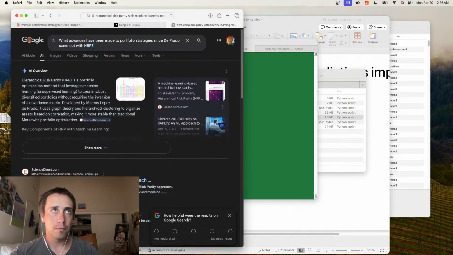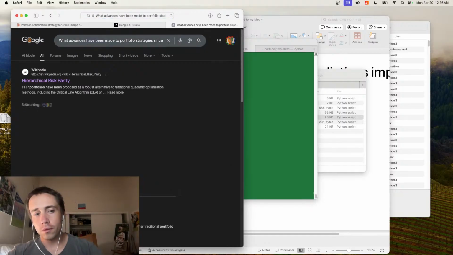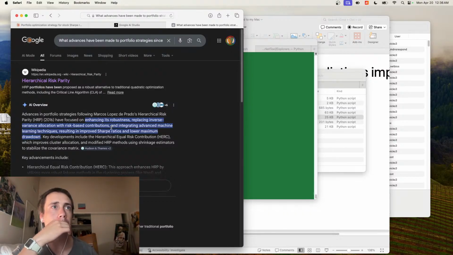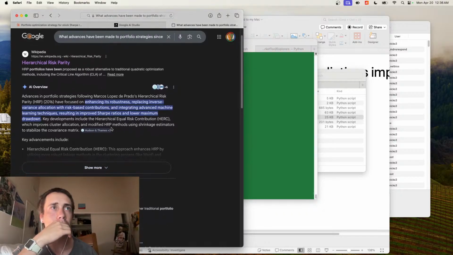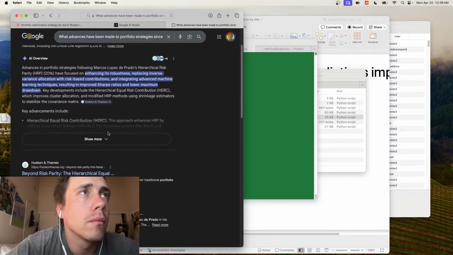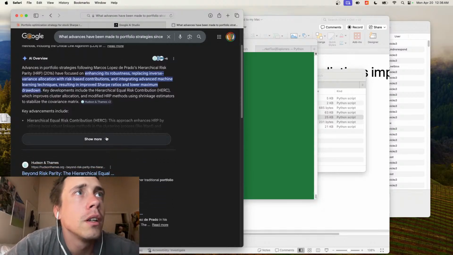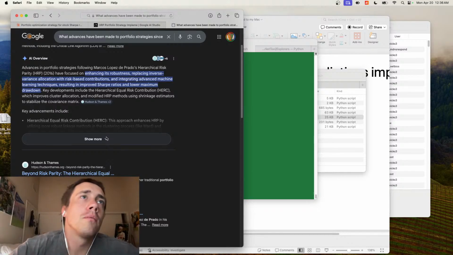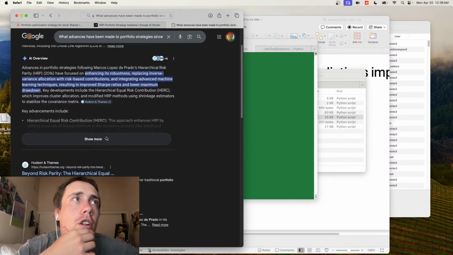HRP. Hierarchical risk parity. Question. Hierarchical equal risk contribution, which improves cluster allocation, and modified HRP methods using shrinkage estimators.